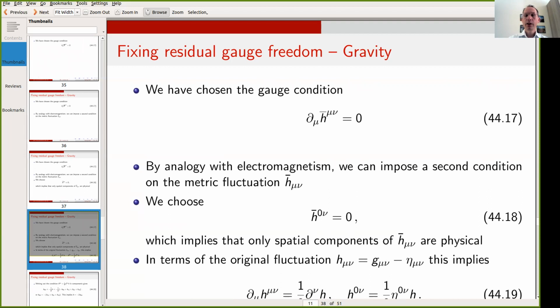So in terms of the original fluctuation h mu nu, which is the difference between the full metric field and the Minkowski space metric, we can rewrite these 2 gauge conditions for h bar by using equation 44.9 to relate the fields for these 2 conditions. And we find that the divergence of h mu nu, the original h mu nu in here, is given as 1/2 times the gradient of the trace of the fluctuation. And the second condition is that the 0 components of the metric field fluctuation are given as, again, the trace times the Minkowski space tensor.